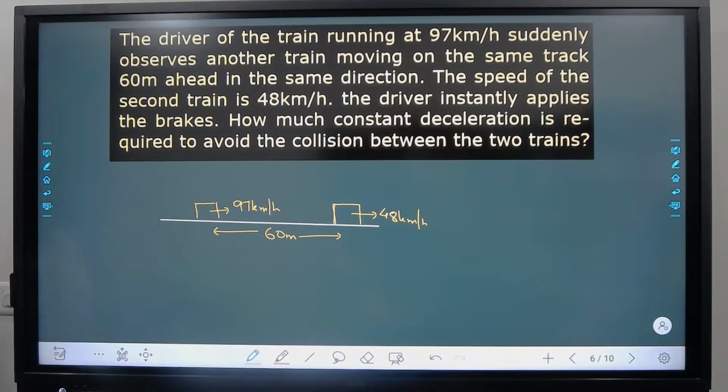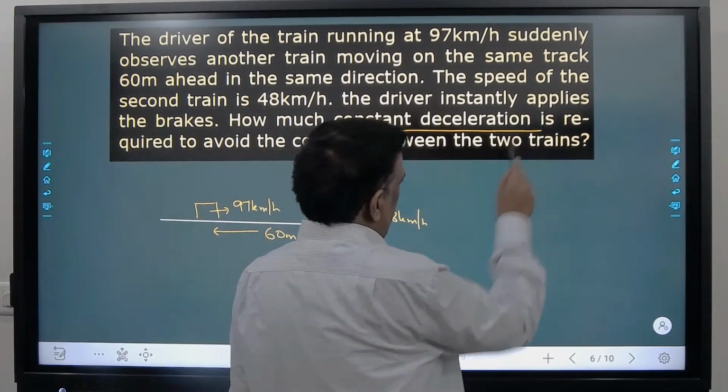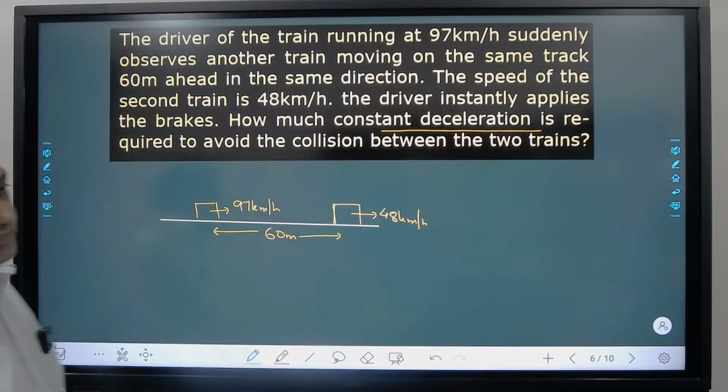The driver instantly applies brakes. How much is the deceleration? You have to find the retardation of the train so that collision is averted.